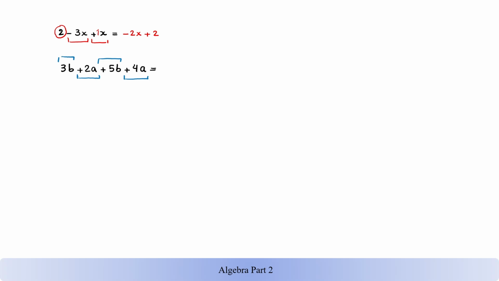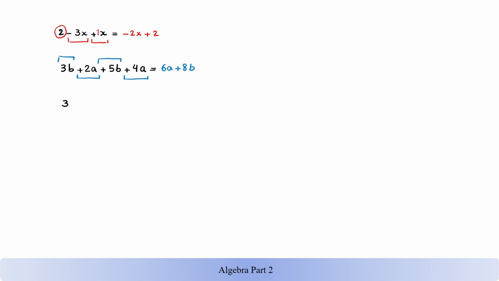Do not confuse yourself with the signs. I mean plus 2a plus 4a, which is equal to 6a. And then 3b plus 5b, which is equal to 8b. That is the final answer.